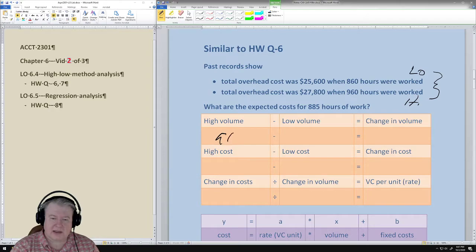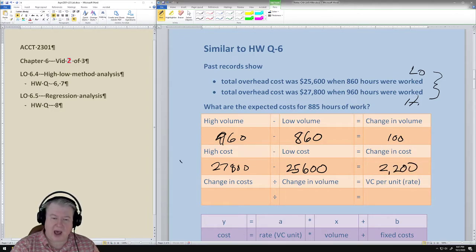So it's 960, pardon my handwriting, 860, and the change is 100. The high cost is 27,800, and this is 25,600, and the change in cost is 2,200. Remember, this is going to be the y, the cost, and this is going to be the x.